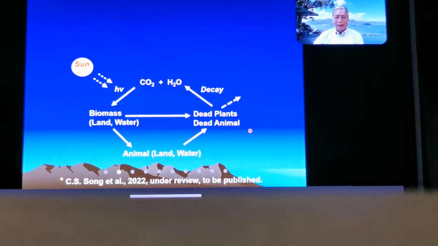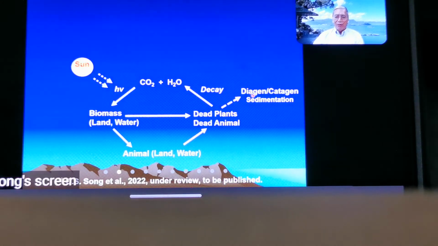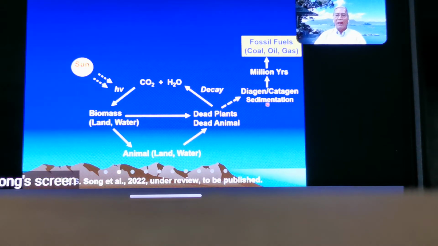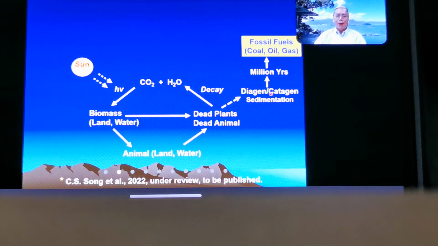That causes sedimentation, followed by thermochemical and geochemical changes. In chemistry, we call it diagenesis and catagenesis in the chemistry of fuel formation. That goes through millions of years to form what we call today fossil fuels, including coal, petroleum, and natural gas. Of course, when we burn the fuels, they simply return back to CO2 and water. That means we're closing the loop in the global carbon cycle.